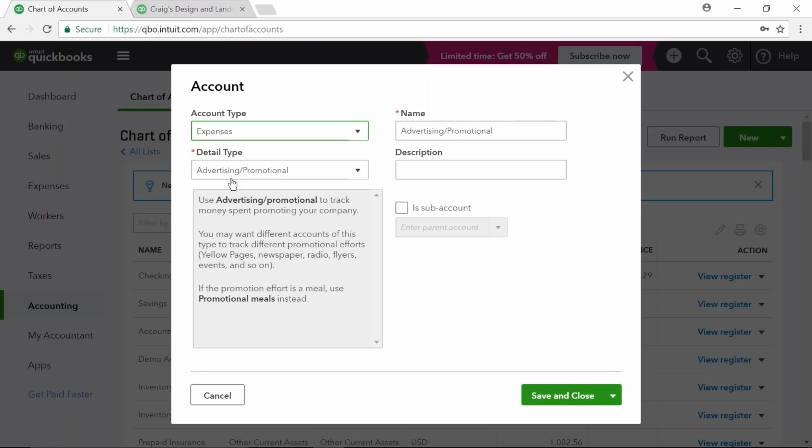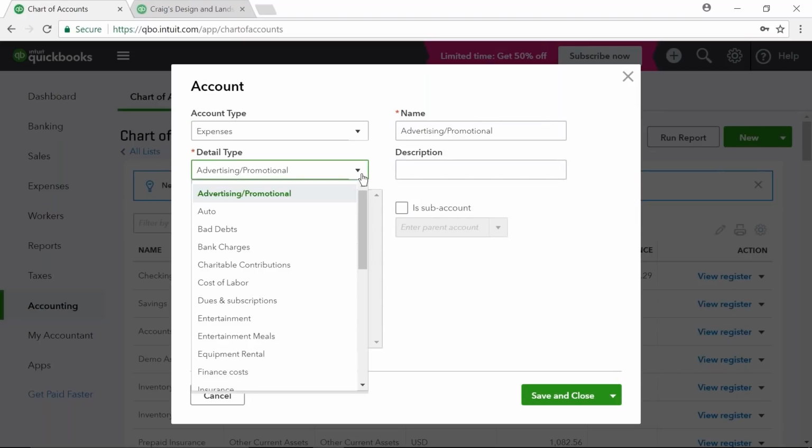It's not something you should spend a whole lot of time worrying about, because it doesn't actually do anything besides add the detail type onto the chart of accounts. Think of it as a description field, even though I know there is actually a separate description field. So what I always advise people to do is just take your best guess.